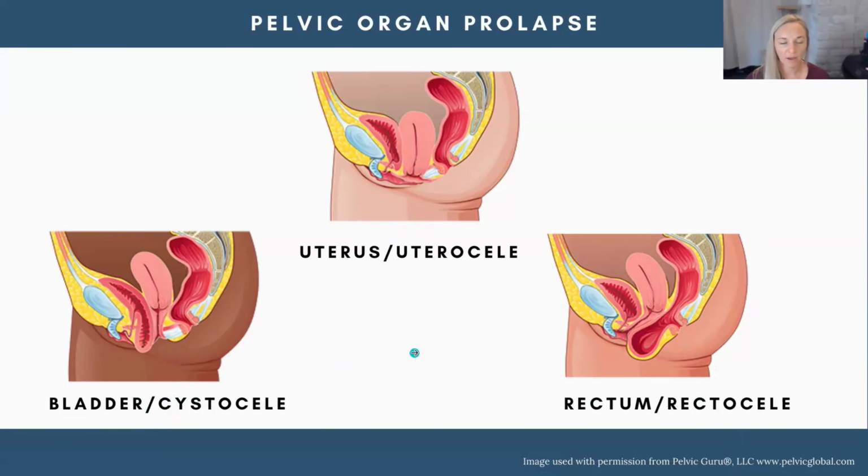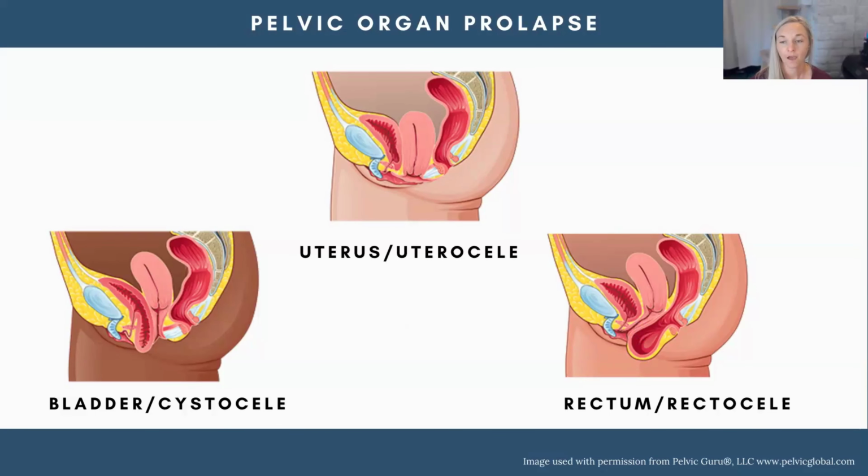Oftentimes when people have pelvic organ prolapse, they'll report symptoms of heaviness in the pelvic floor. They'll feel like something is falling out. They'll feel maybe like they're sitting on a golf ball. Especially for a rectocele, people will feel that they can't empty their bowels all the way, like something's being pushed into the vaginal canal.